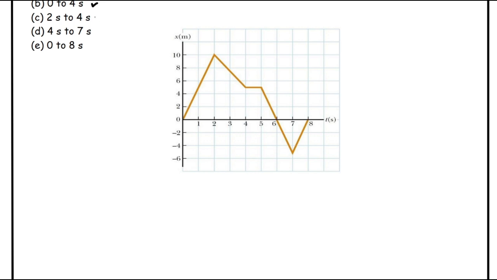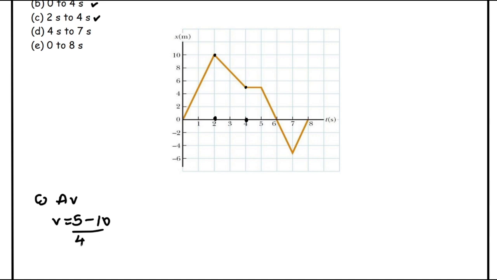The third time interval is from 2 seconds to 4, so from here up to here. Average velocity: the final displacement at 4 is 5, minus, at 2 seconds it was at 10 meters, so minus 10, over the time interval.